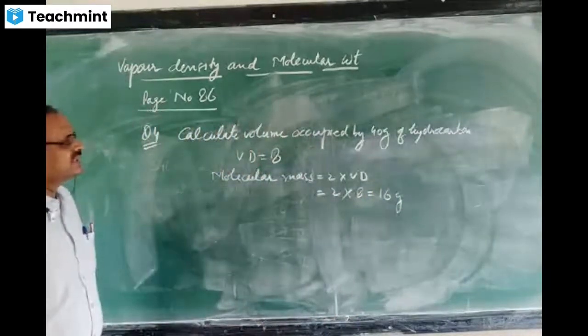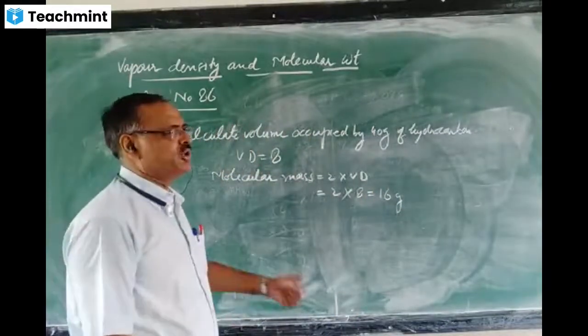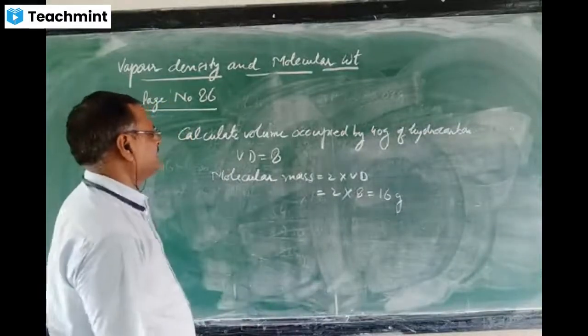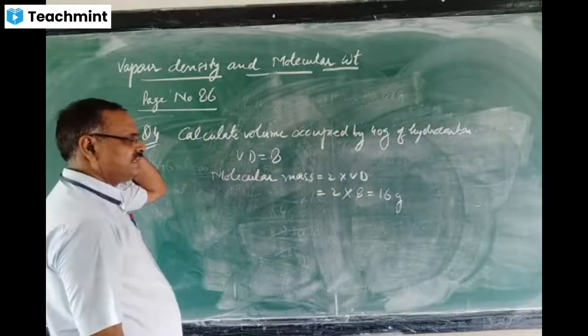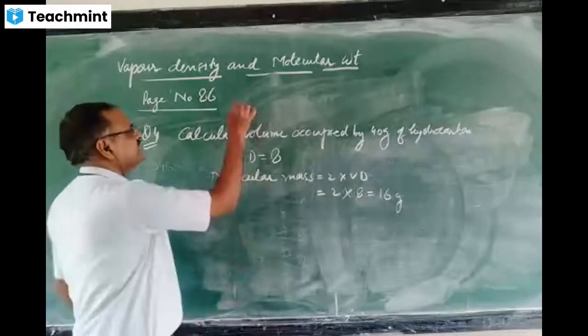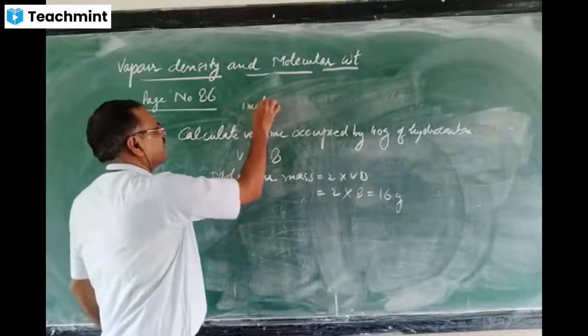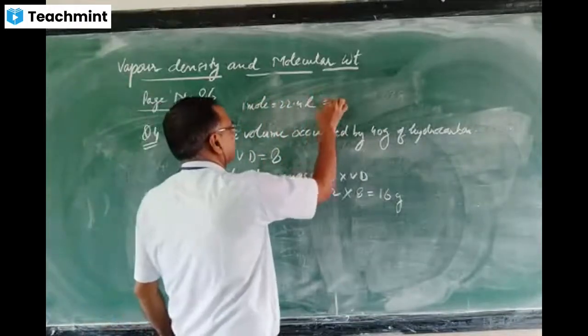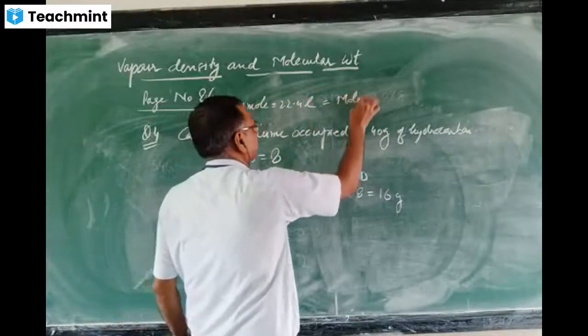Molecular mass you are getting 16 gram. Since you have not studied the mole concept, this is the problem here, but one method is there, directly you can learn it: 1 mole is equal to 22.4 liter, and that is equal to molecular mass.